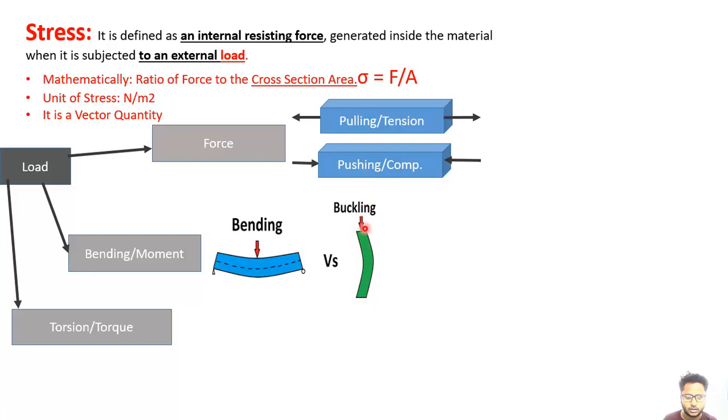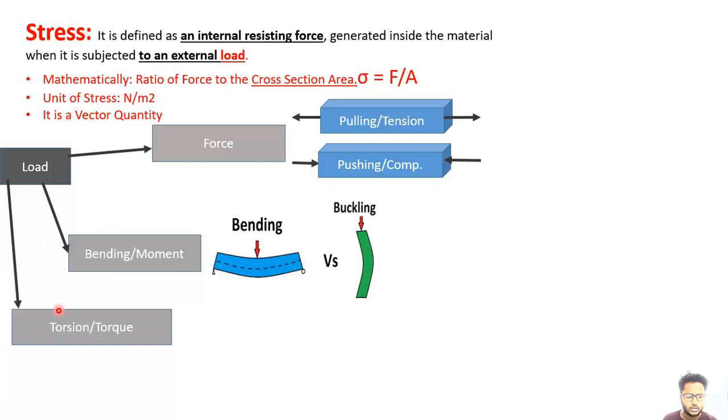If the force is applied in the axial direction, due to instability of the beam or column, it will buckle and tilt down. There will be stresses generated at this layer and at this layer. This is known as bending or moment applied on a member, machine component or any civil structure.